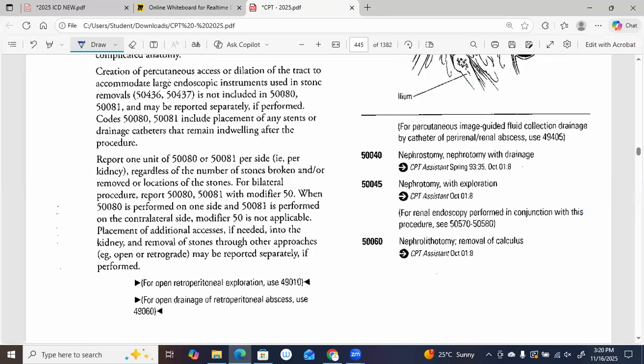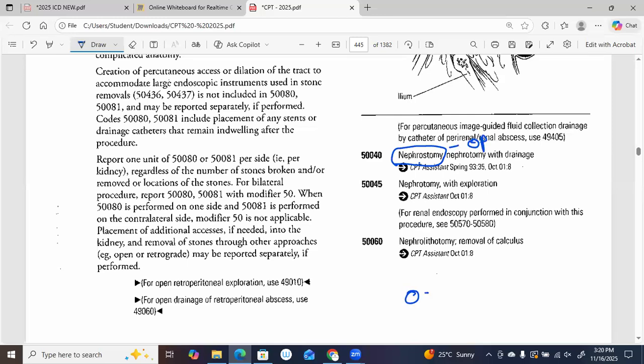Next section we have nephrotomy. Nephrotomy means a simple incision into the kidney, maybe for exploration or maybe for another procedure. So nephrotomy means simple incision. We have one more word here, that is nephrostomy. Nephrostomy means creating an opening.